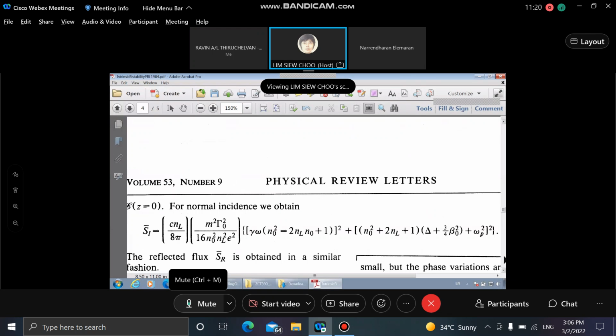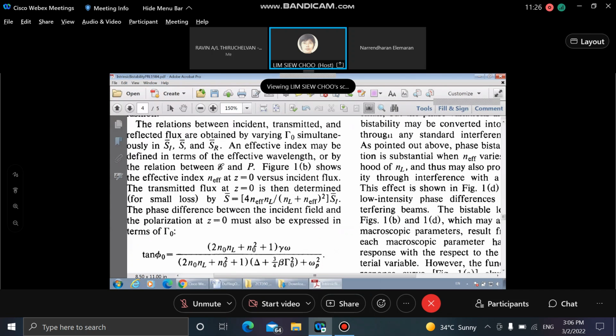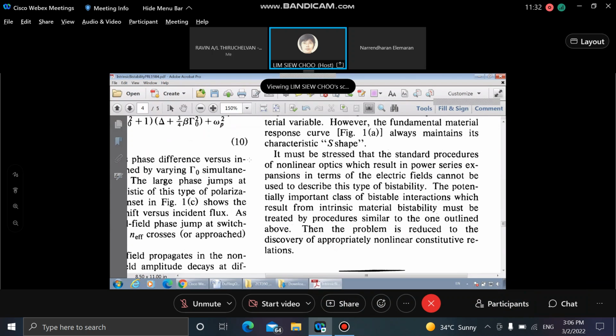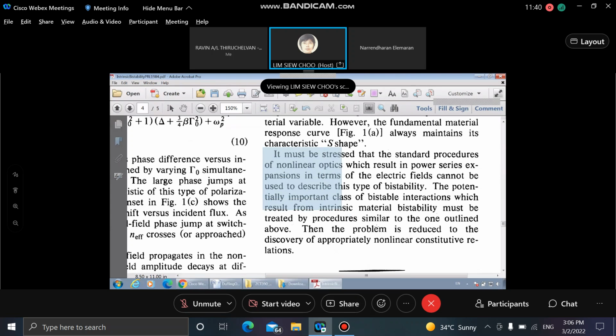I refer back to this paper, the paper that I sent to you. So I look at the end. At the end of this paper, there is a part here.